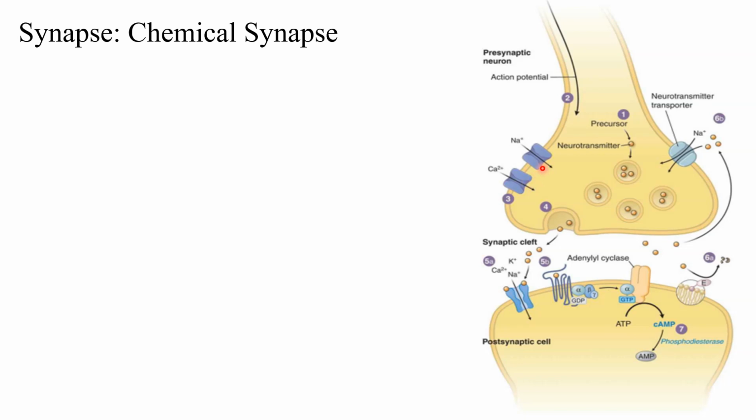So when they get a voltage change, depolarization, they will open. They will cause entry of calcium. Calcium binds with the vesicle proteins, the synaptic vesicle trafficking proteins, and they will cause exocytosis, right? They release.